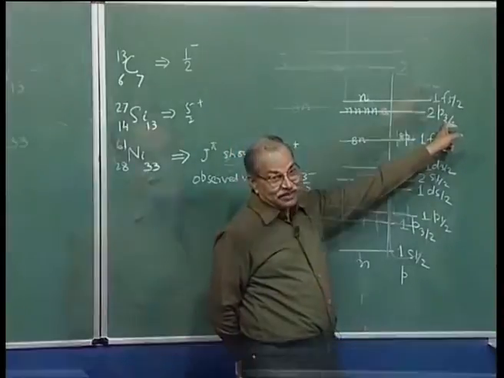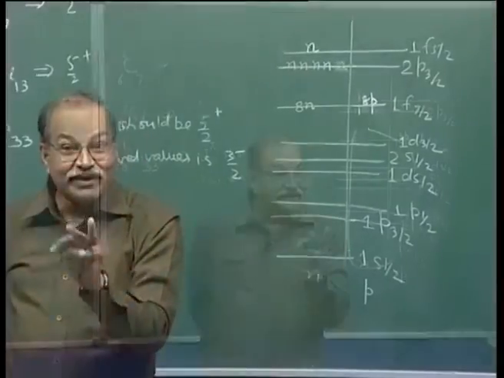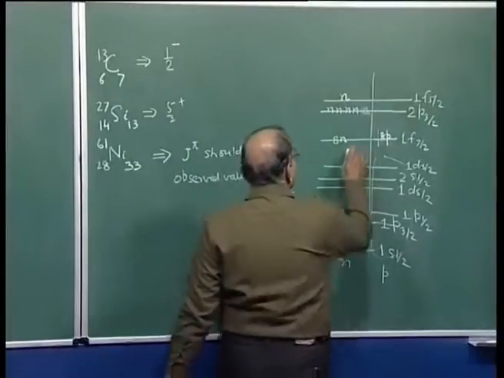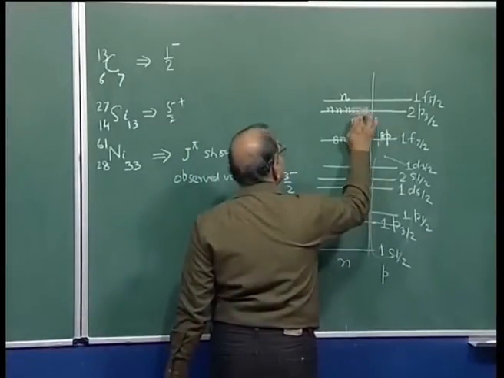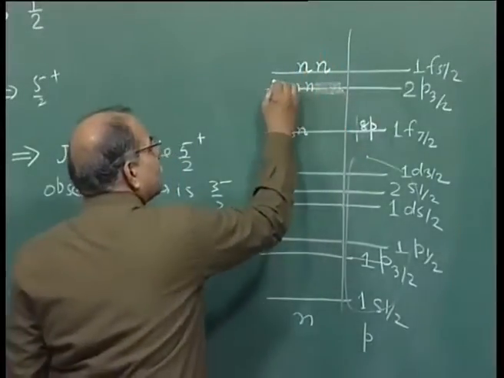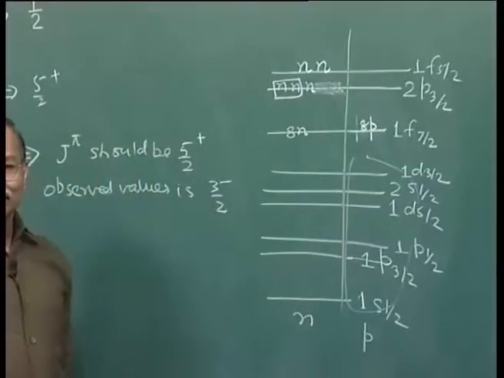This is 3/2 only. If not 5 neutrons, 3 neutrons will also give you 3/2 minus. So, if this neutron is not here and this neutron is here and you have only 3 of them, that can give you 3/2 minus.